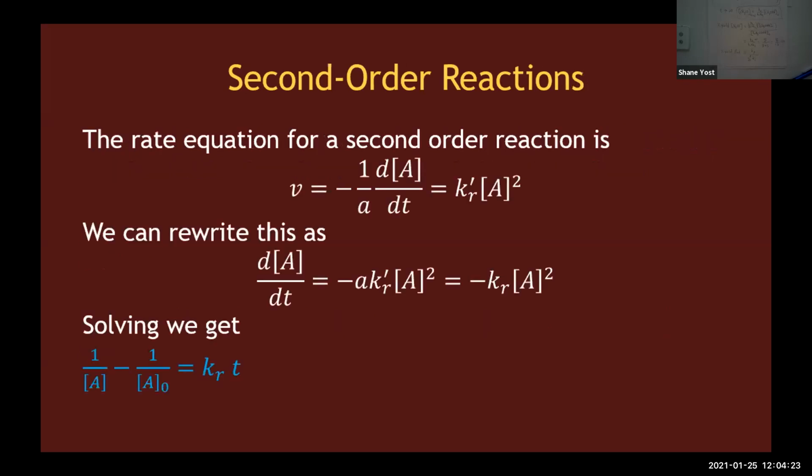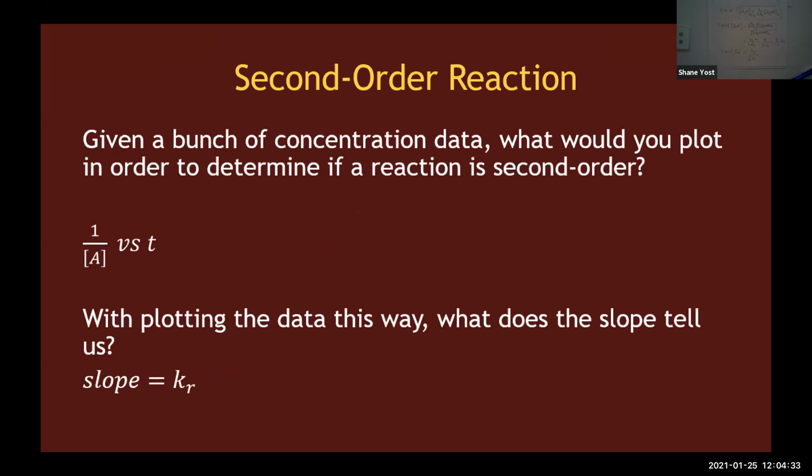If I plot 1 over A versus time, what is that slope going to equal? k, the rate constant. For first order reactions, I plot the natural log of A. For second order reactions, I plot 1 over the concentration. And if you don't know which it is, you make both plots and see which one gives you a straight line.